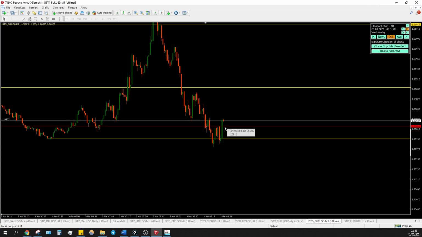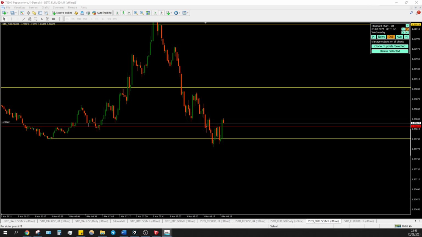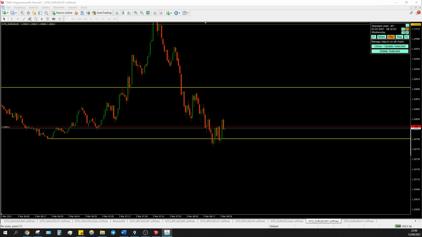Let's see if we have some clean retest of the PSA. We can consider it. Okay, now closing bearish. Failing to close above, very interesting. And closing bearish.